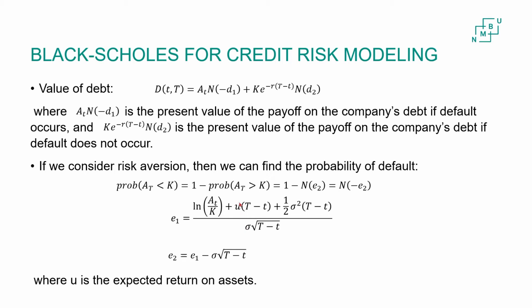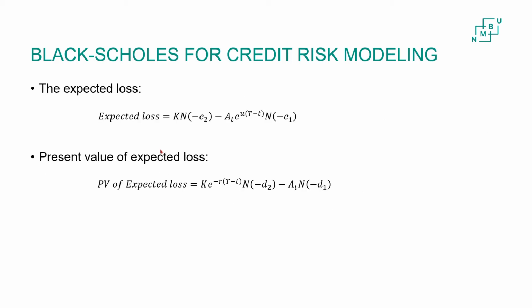Here we do not assume that we can create a perfect hedge. So we take the estimated growth rate of the assets and use those instead of using the risk-free rate. If we use these real-world probabilities, then we can find the real-world estimate of, for example, the expected loss.